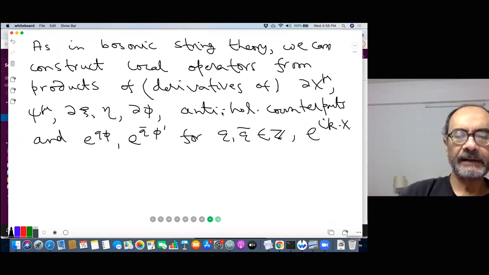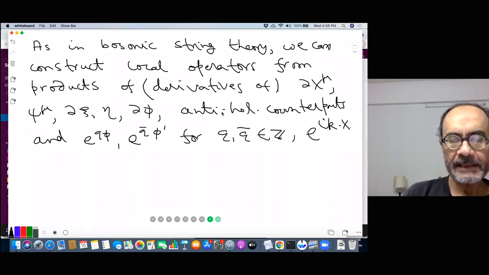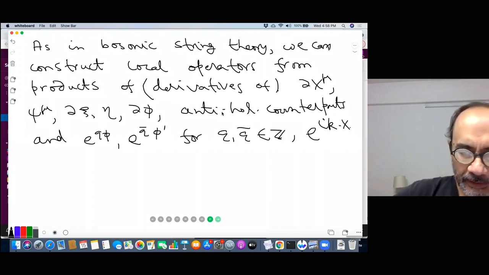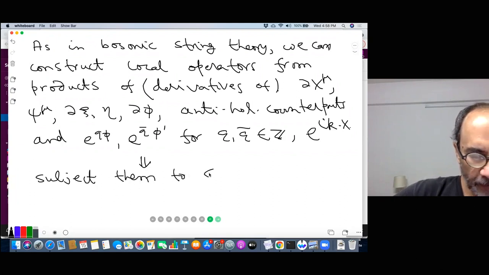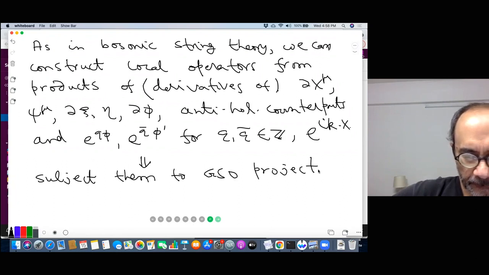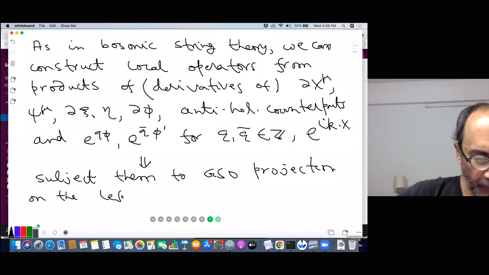Just take an arbitrary combination of these, take that product to construct local operators, and then subject them to GSO projection on the left and right, on the holomorphic and anti-holomorphic side.